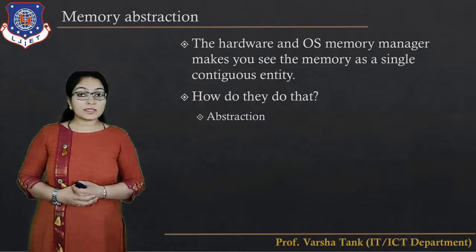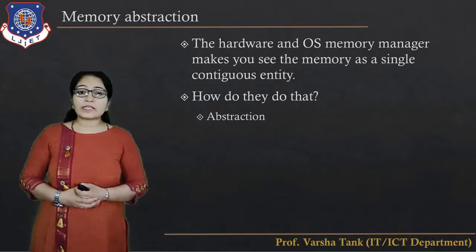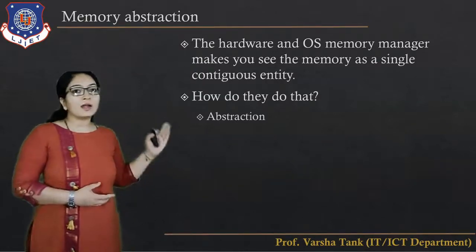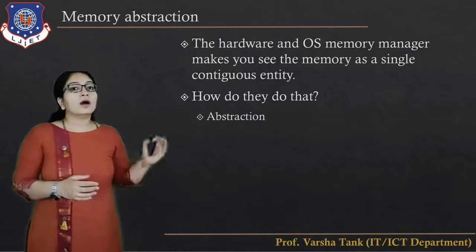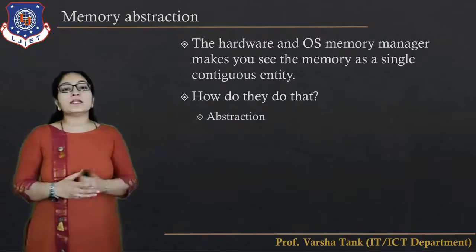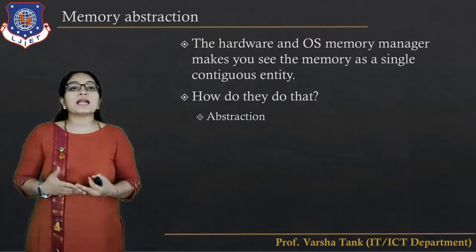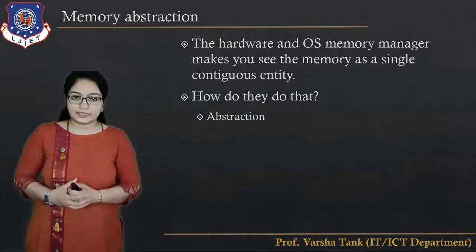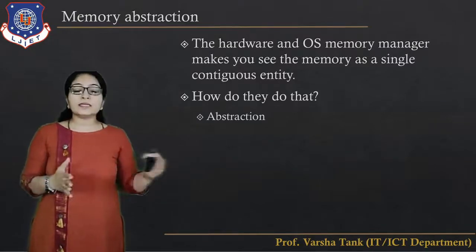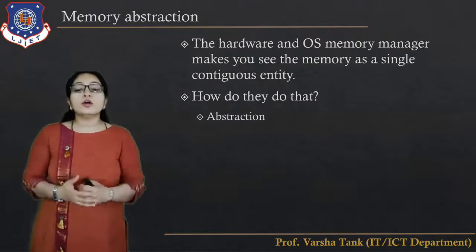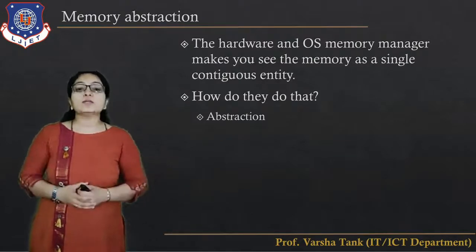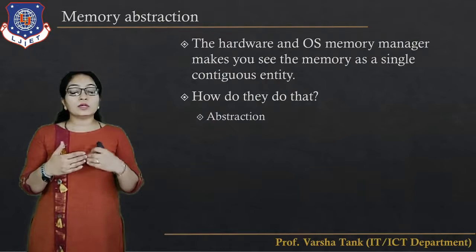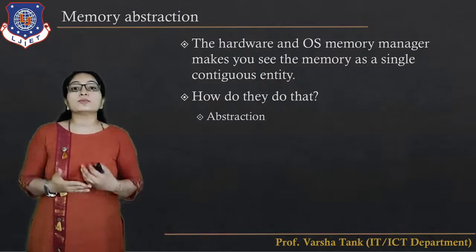Now, next is memory abstraction. How can we define memory abstraction? The hardware and the operating system memory manager make you see memory as a single continuous entity. Even if the processes are scattered in memory, you are able to see it as a continuous allocation. That means you don't have an idea about where your process is stored.